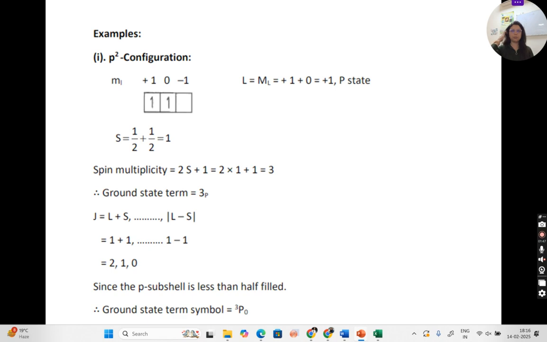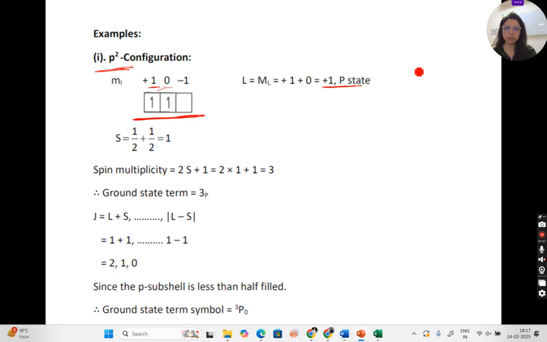This is the first example. It's a P2 configuration. So what will be the term symbol for the P2 configuration? Here for P2, we first write down the filling of electrons like this, and by calculating 1 plus 0, we get plus 1.